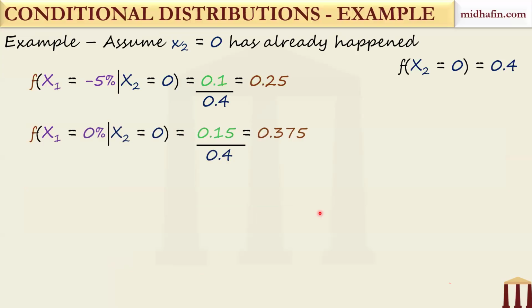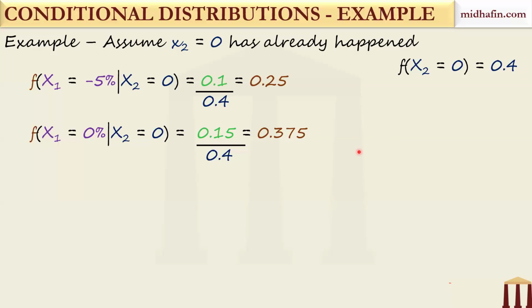So it is 15% by 40%. Understood why 40 in the denominator? Because given that x2 equal to 0, the marginal probability is 40% only, not 30. Got it? Okay, so that's the idea. Similarly, what will be the answer for x1 equal to 5% given that x2 equal to 0? Again, the given is the same. That's why I said the denominator will be the same in all cases.